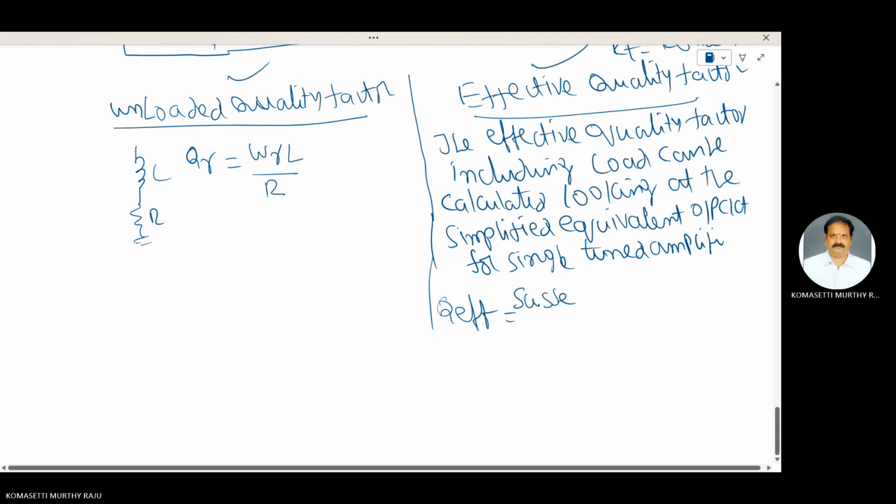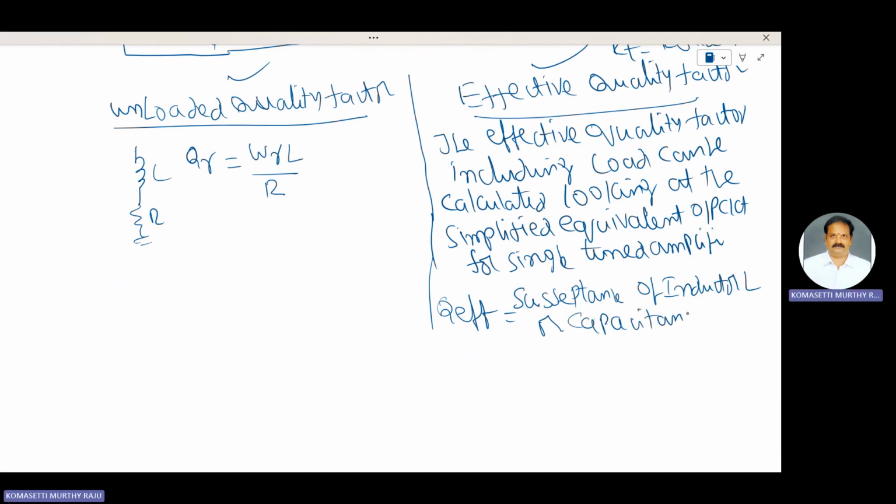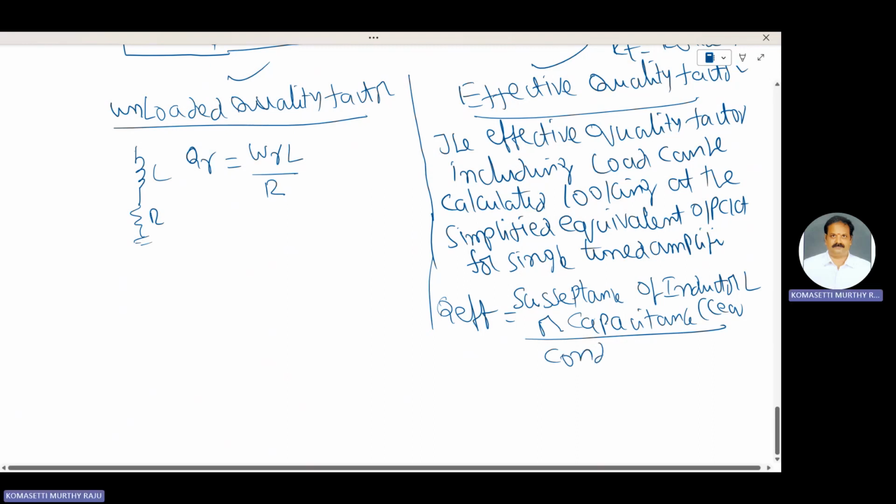Susceptance of inductor L, or capacitance, that is C equivalent, by conductance of shunt resistance RT.